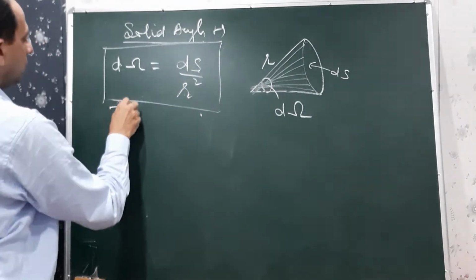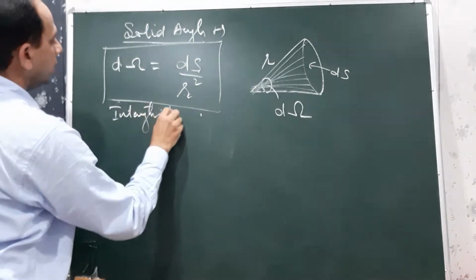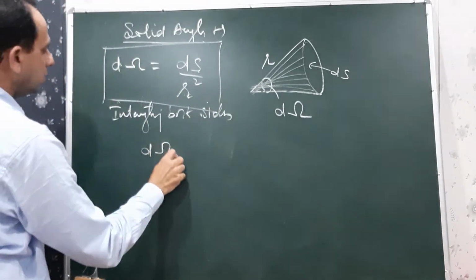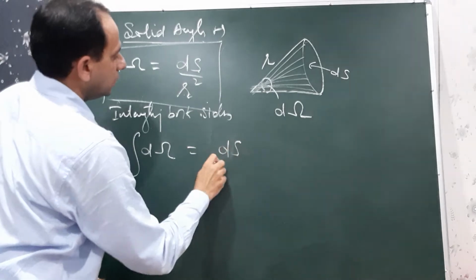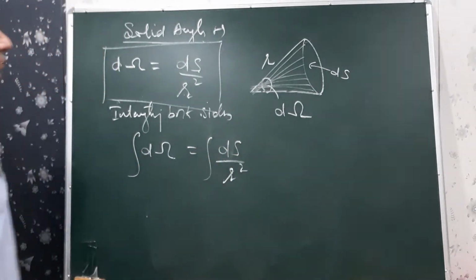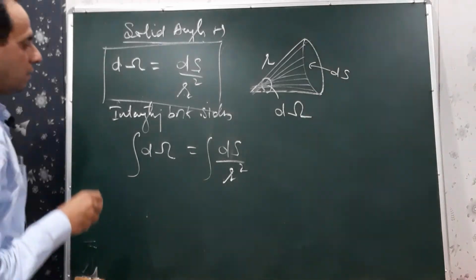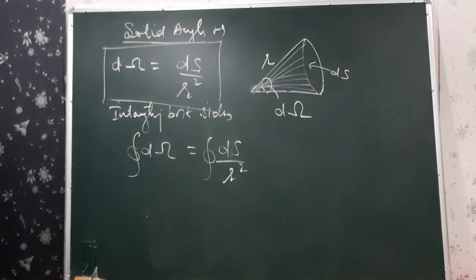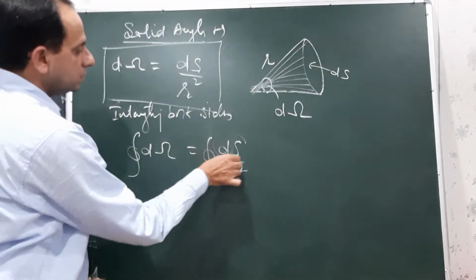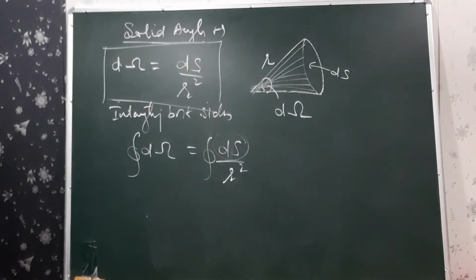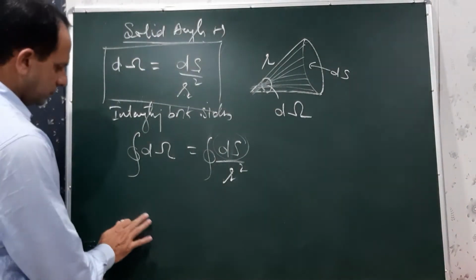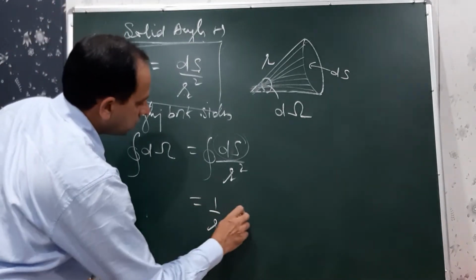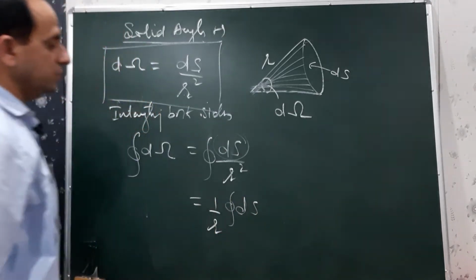So, integrating both sides, the integral of d omega is equal to the integral of ds upon r square, for the whole closed surface. Now, we have to find the value of the integral of ds.